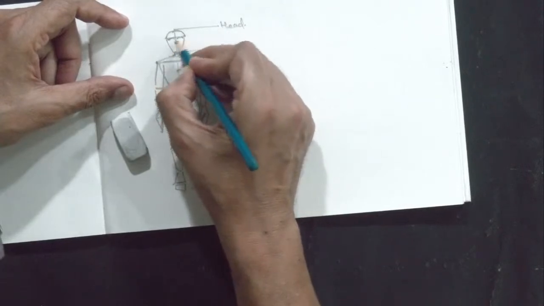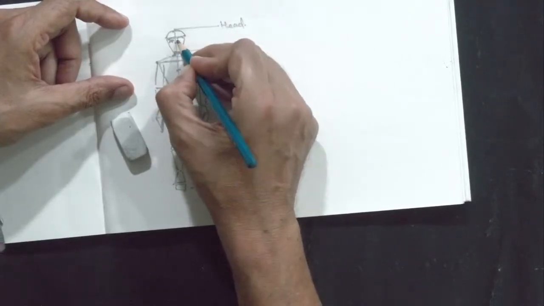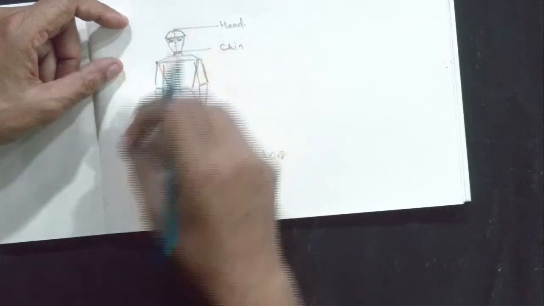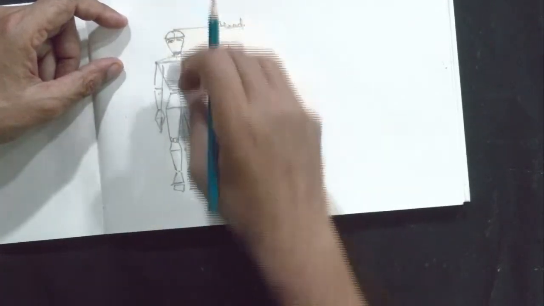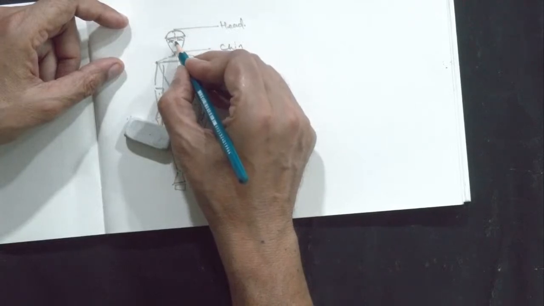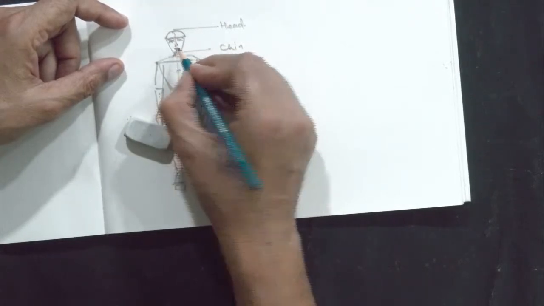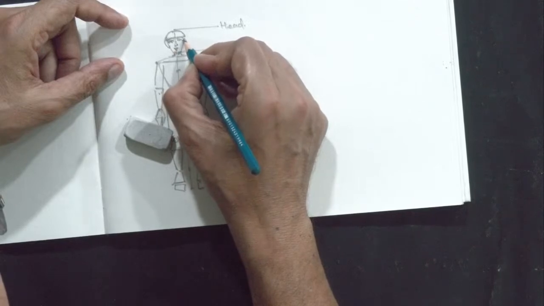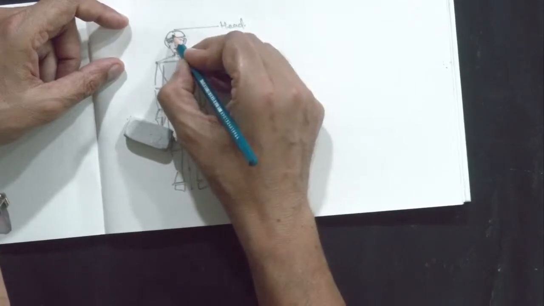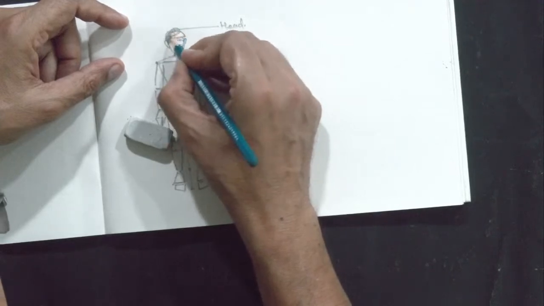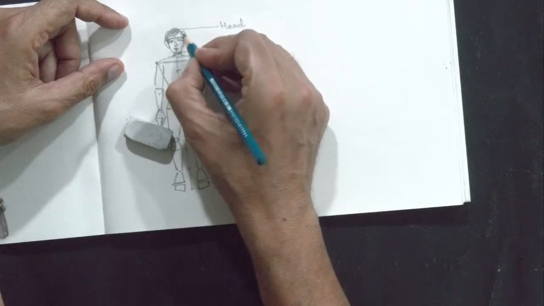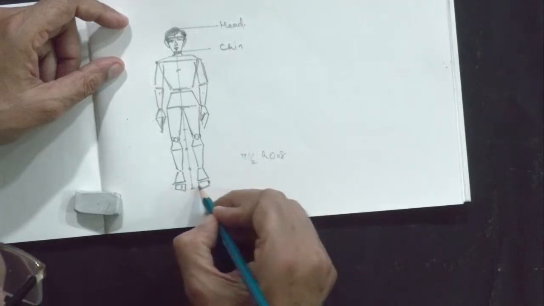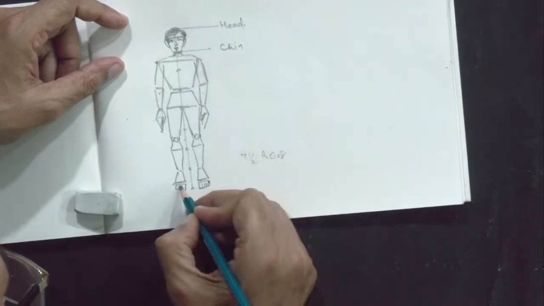Give it a look of a human figure by making the eyes, iris, removing the line, nose, lips, ear, hair, further detailing of the digits and all that.